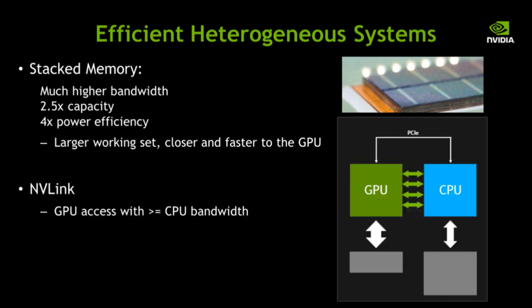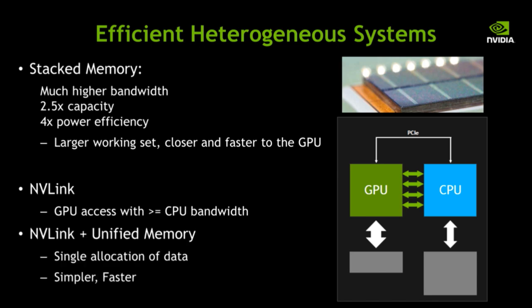And the other technology, NVLink, is intended to help with the interconnect bottleneck between GPUs and between GPUs and CPUs. PCI Express is a very thin straw for the GPU to get data through. So NVLink intends to make that straw much bigger. In fact, it should give the GPU access to data in CPU memory with bandwidth at least as high as the CPU's own bandwidth.